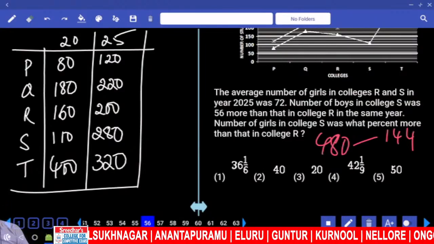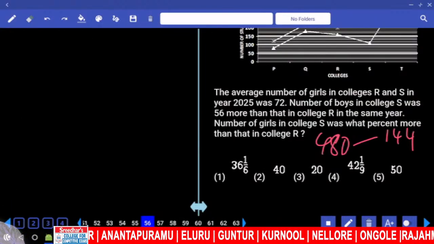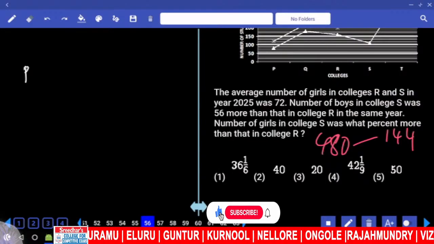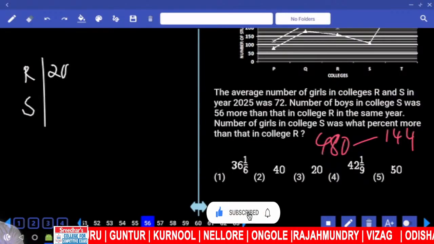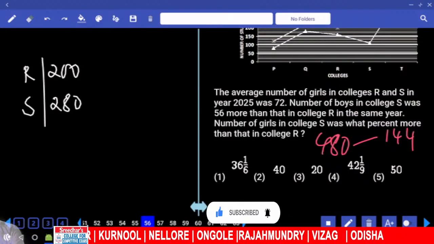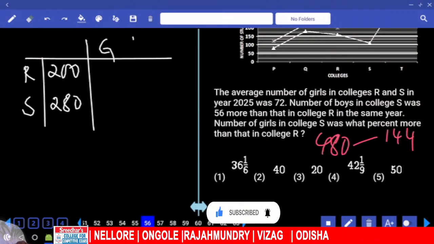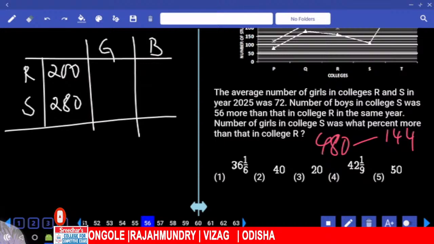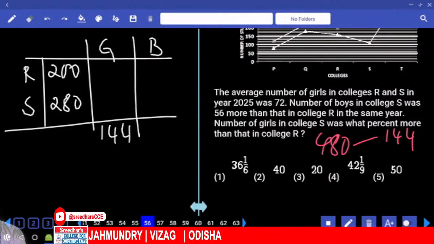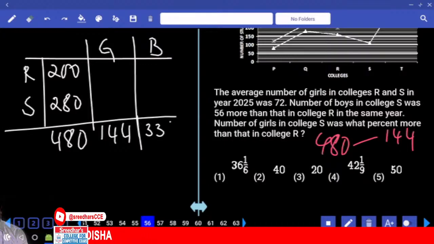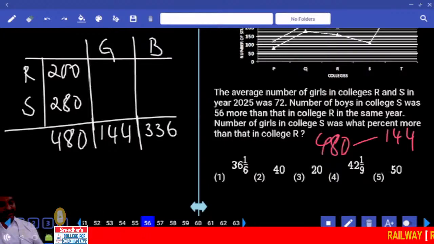Okay, we need to separate 200 and 280. R, S: 200, 280. Girls and boys: girls are 144 out of 480. Boys are 336.